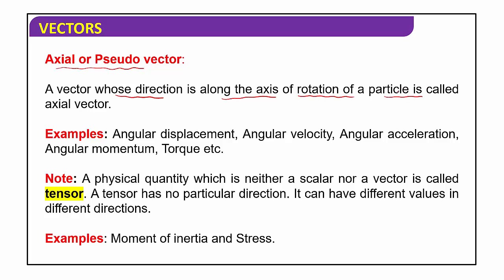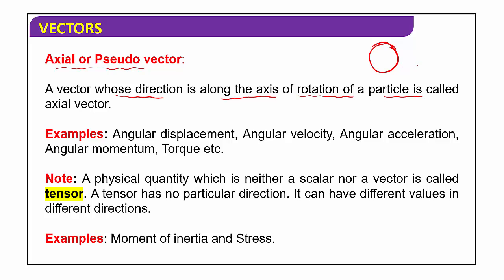That gives an axial vector. For example, if the object is moving in a circular path, which type of force is required for circular motion? You have already studied in your high school days, you can remember centripetal force and centrifugal force. So what type of force is required?